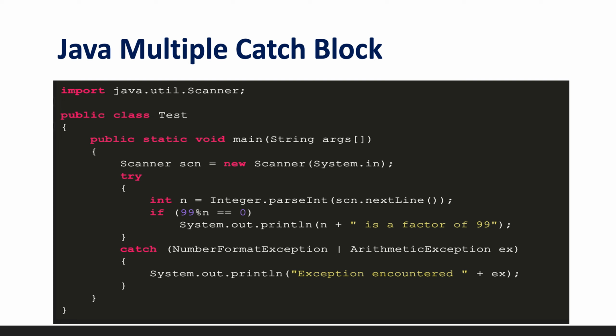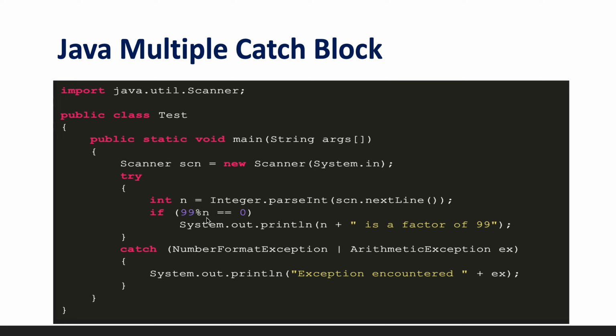Now that we are able to handle multiple exceptions, they can also be handled like this. Let's say in both kinds of exception we want to perform the same operation. In that scenario we can write the multiple exception handling in a single catch block like this, using the pipe operator.